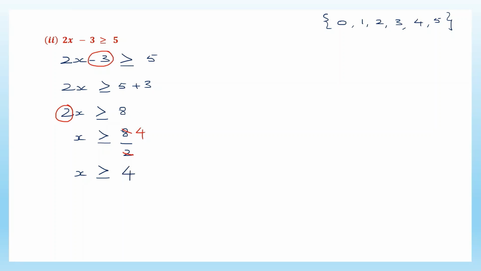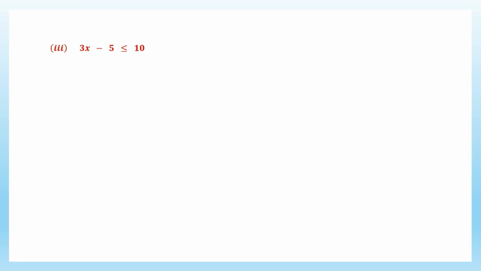So now go back to your replacement set and look at all the numbers greater than 4. We have only 5. And it also says greater than or equal to 4. So we'll have 4 and 5. So our solution set will have the elements 4 and 5. This is our answer.